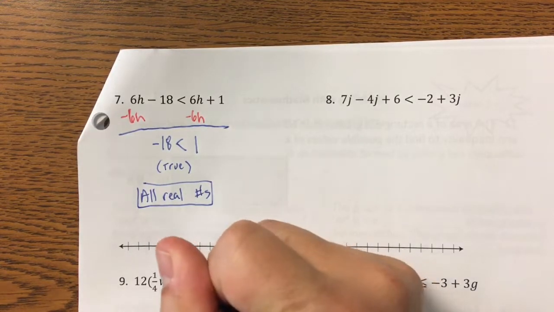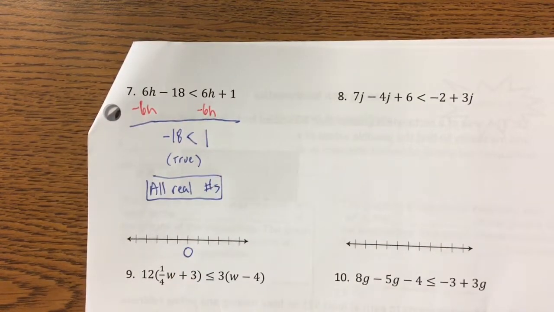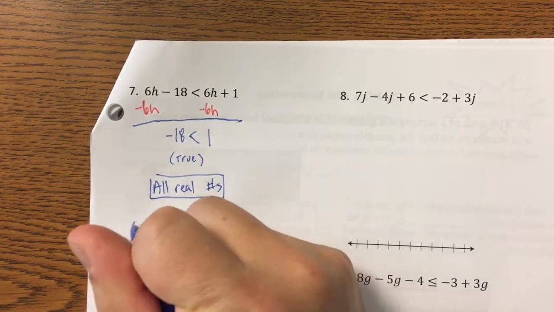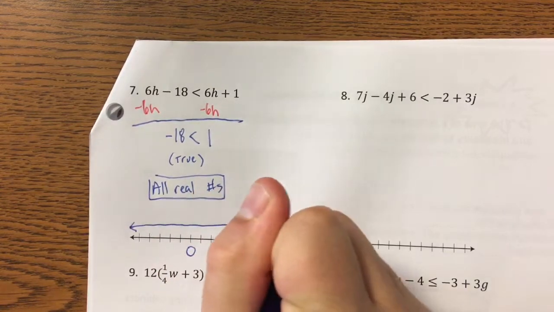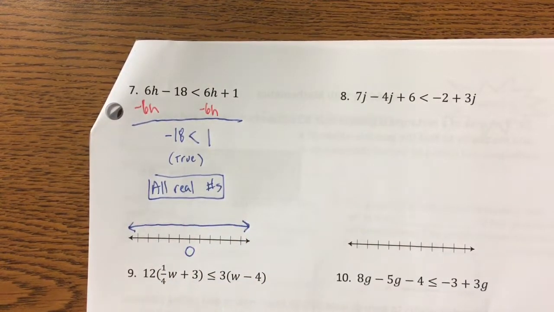So as far as how do we graph that? Well, typically these graphs are trying to visually show where the solutions are. So if every single number is a solution, then we need to show that by drawing an arrow in both directions, so there's nothing left off. We're just saying that everything works.